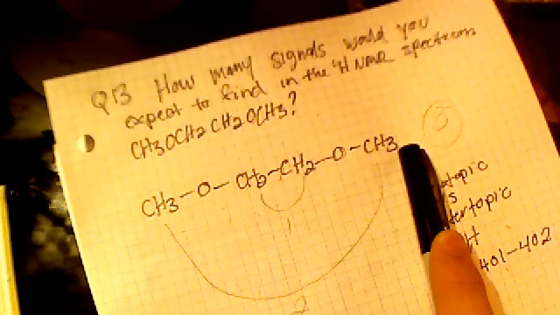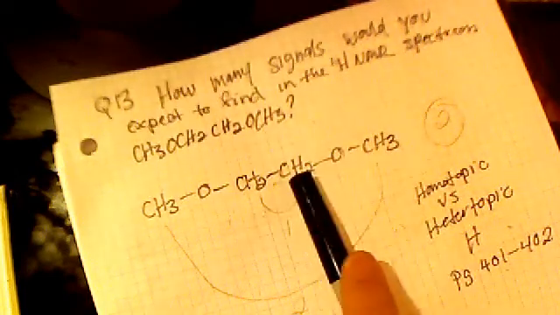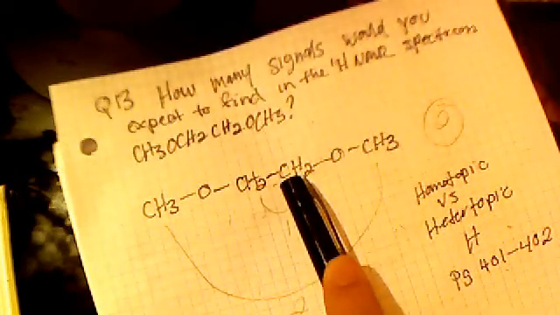Okay, so homotopic hydrogens have identical environments and will have the same chemical shift. They are said to be chemical shift equivalent. Alright, so then if replacing hydrogens by a different atom gives different compounds, the hydrogens are said to be heterotopic. Heterotopic atoms have different chemical shifts and are not chemical shift equivalent. So if I put a Cl here, it would change the molecule.